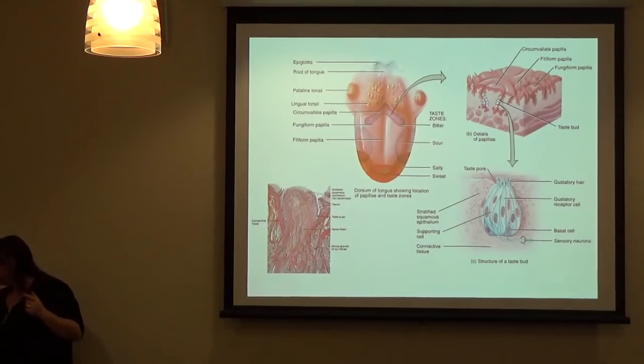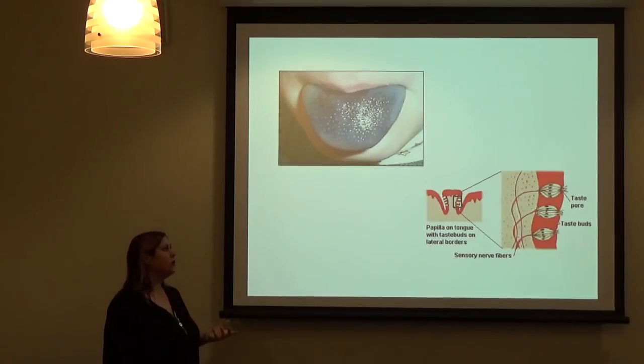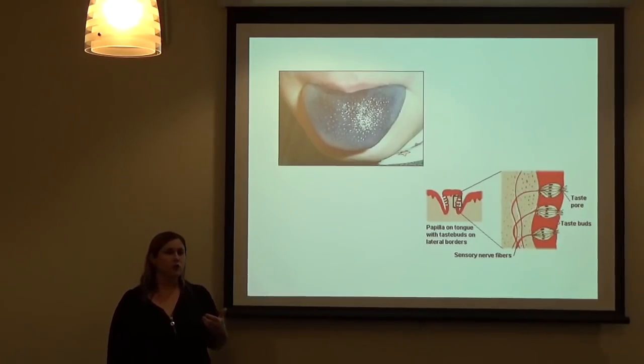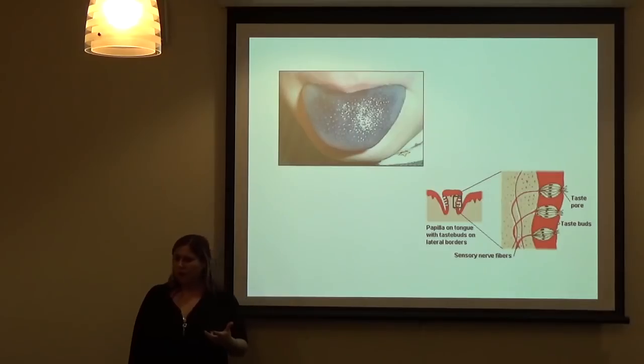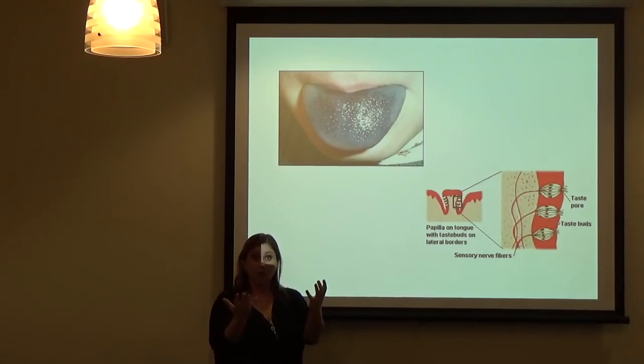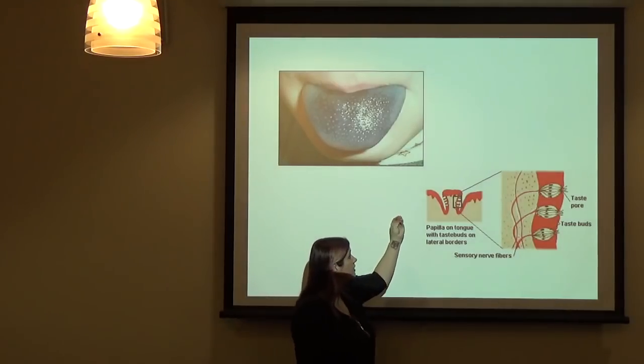receptor cells. So for salt, when you're tasting salt, and you put salt onto your tongue, it's going to be the same beginning for all of these things. You're going to have whatever the tastant is.